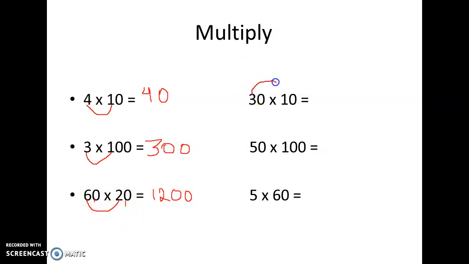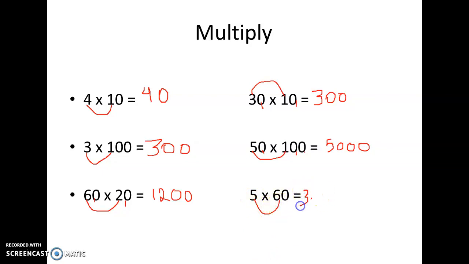Multiply the numbers. 3 times 1 equals 3. How many zeros are there? 1, 2. Then I have to put 2 zeros. 5 times 1, 5. How many zeros? 1, 2, 3. 5 times 6 equals 30.